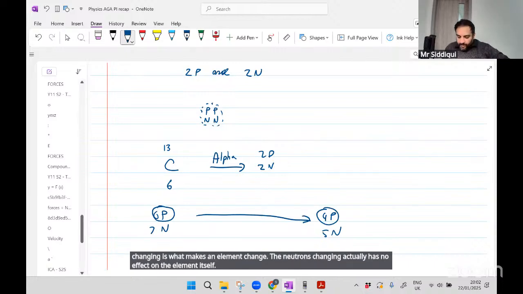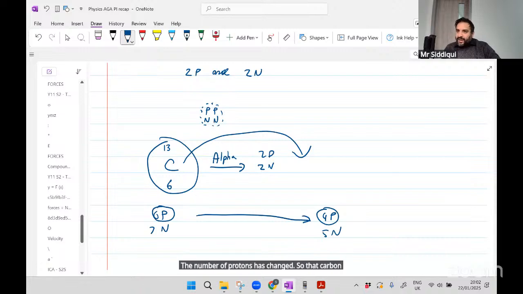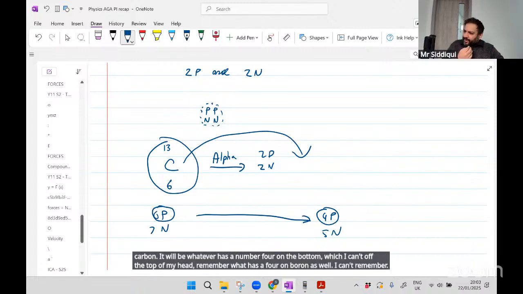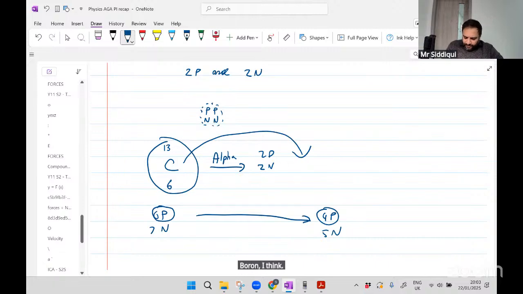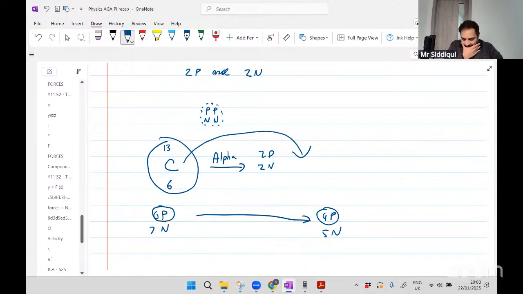The number of protons has changed. So that carbon will actually no longer be carbon. It will be whatever has a number 4 on the bottom, which I can't remember off the top of my head, boron or something like that. I think boron. So whichever element has a 4 on the bottom of the periodic table is what that ends up turning into. So that's what it is.